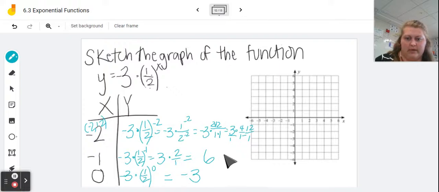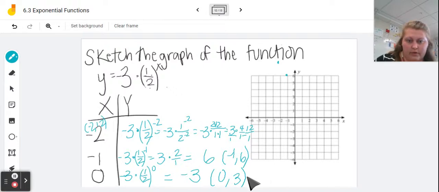So I'm going to plot these points: -1, -6, and 0, -3. My graph does not go all the way up to 12 because it was a bad choice of graph, so I'm just going to put it up here and we'll pretend. Then -1, -6, and 0, -3.